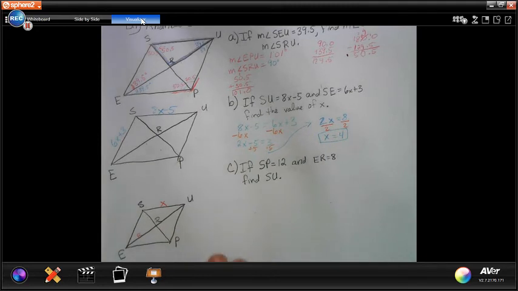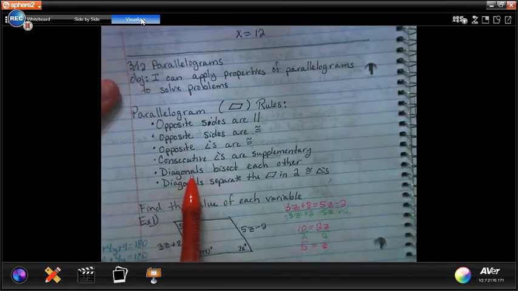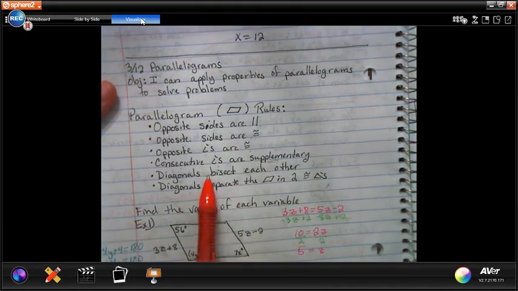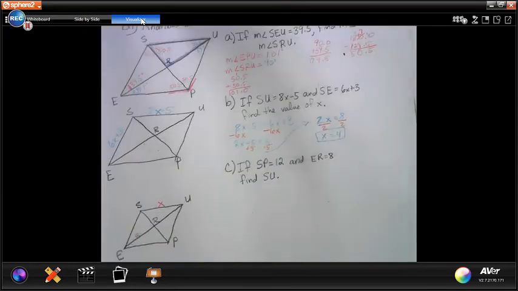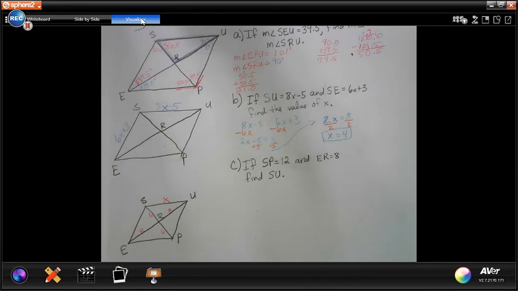Well, if you remember on a parallelogram, diagonals bisect each other. Remember, that means two equal parts. So if this piece is 8, then this piece is 8. If SP is 12, that means this piece is 6 and this piece is 6 because it has to be equal.